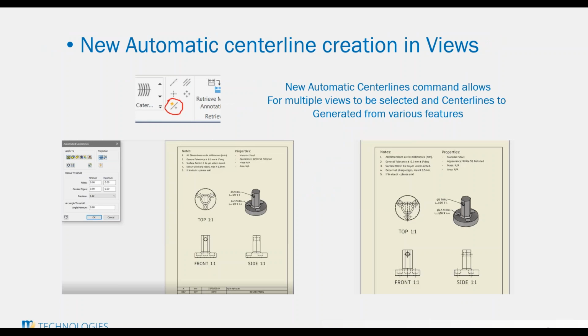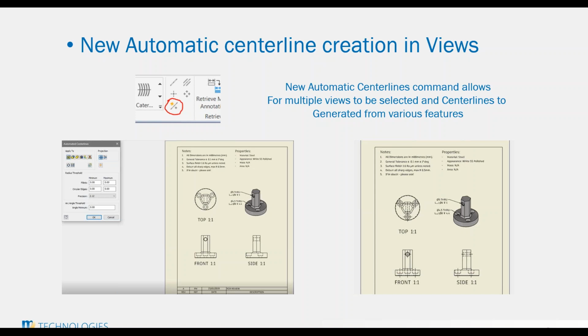The other new feature I thought was a good time saver is in the UI, there's a new automatic centerline for the views. In 2020, this was not available to you, but what it allows you to do is after your views are populated, you can see there over on the right, with a simple command, you can toggle on what it applies to.